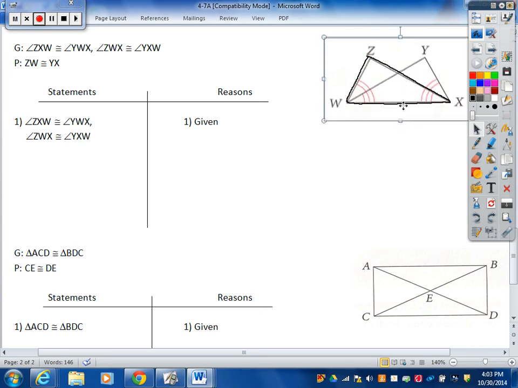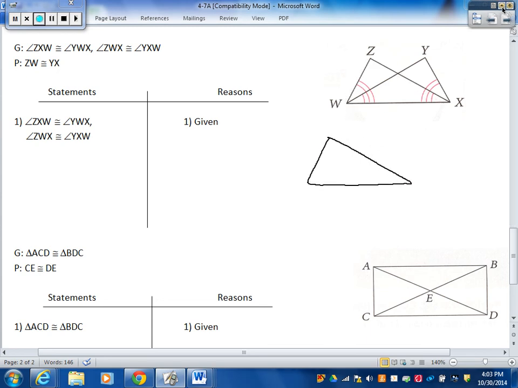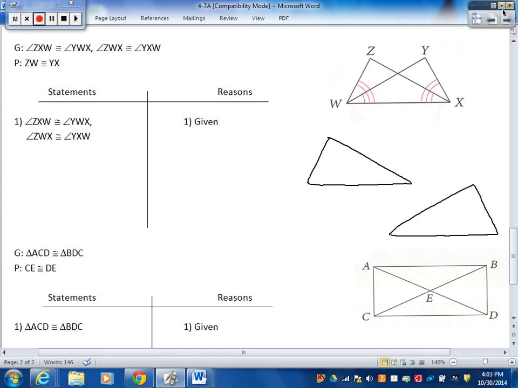So I'm going to go ahead and take that triangle, just grab it. Yep, and move it out. And I'm going to do the same thing with the other triangle here. And I'm going to move that one out as well. Okay, so we've got those two triangles that we're going to try to prove congruent.